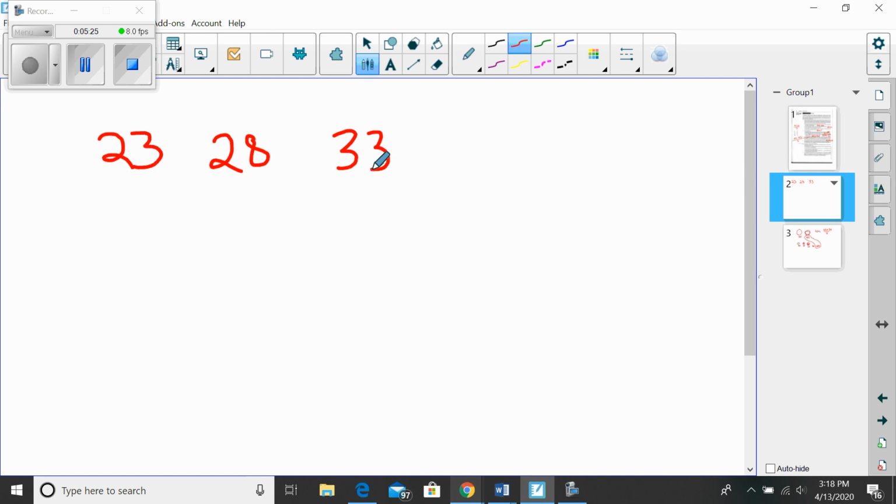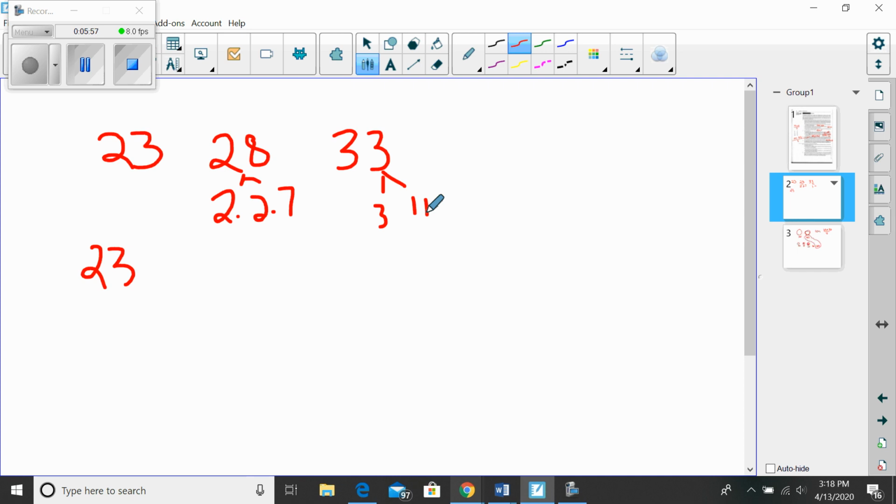I had said in the last clip that the best bet for 3 numbers is prime factorization, I think. So a prime factorization of 23 is 23 because it's prime. 28 is 4 times 7, which makes it 2 times 2 times 7. And 33 is 3 times 11. What this means is that none of these 3 numbers have any factors in common.